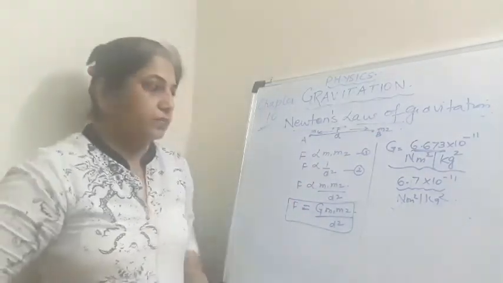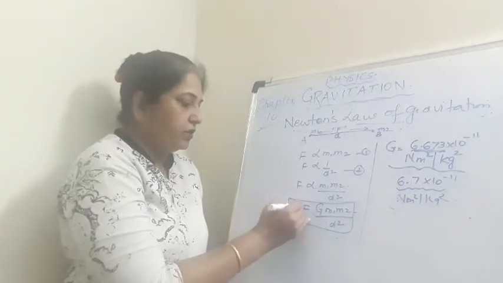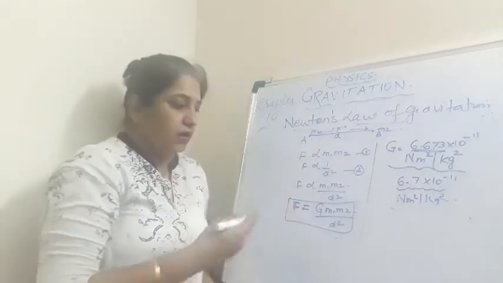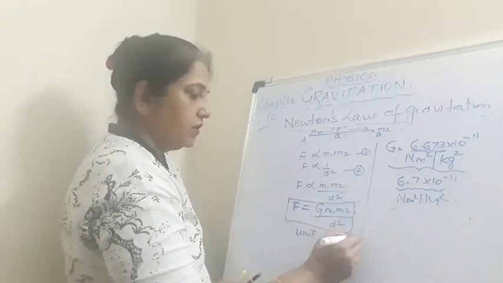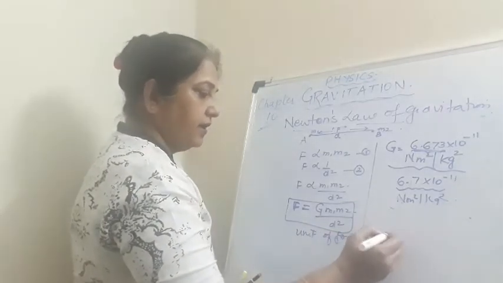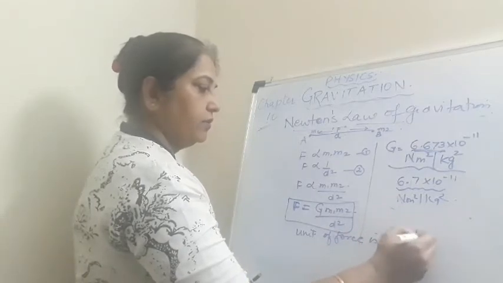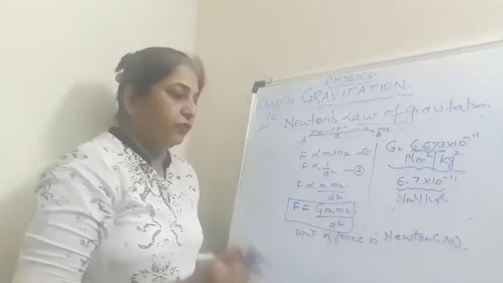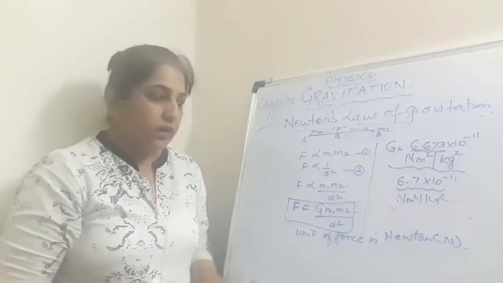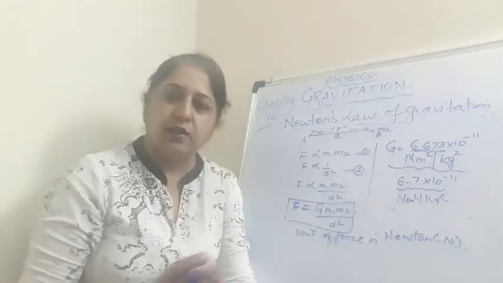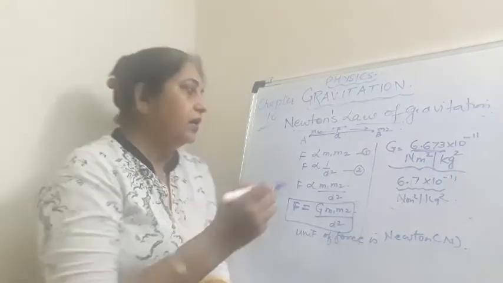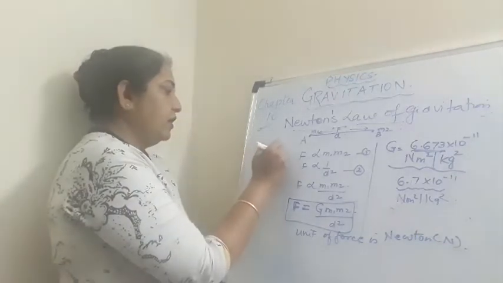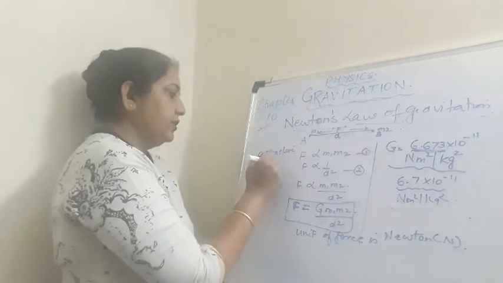Now you know that force is measured in Newton, so we can write here also that the unit of force is capital N, that is Newton. Now, the force acting between any two objects will always be attractive in nature.